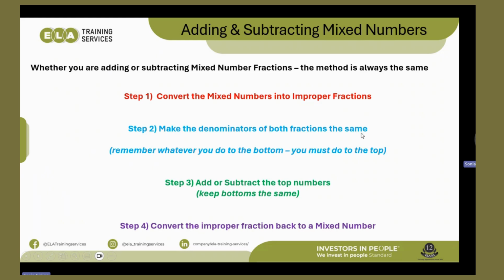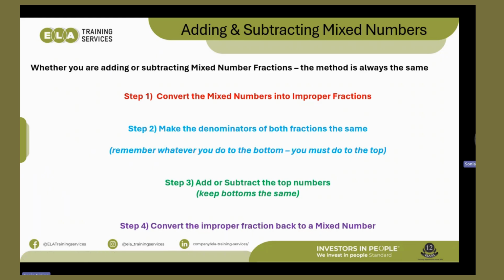And always remember, whatever we do to the bottom, we must also do to the top. Then we're going to add or subtract the top numbers. Whenever you are adding or subtracting a fraction, you only add or subtract the top and you keep the bottom numbers the same. And then we're going to go back to the conversion and convert the improper fraction back to a mixed number.